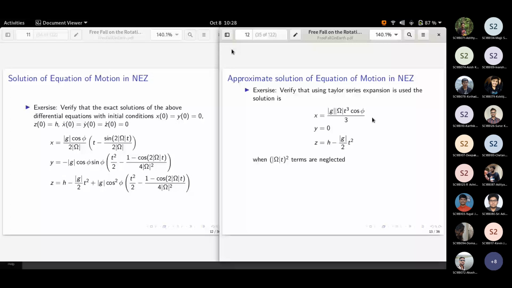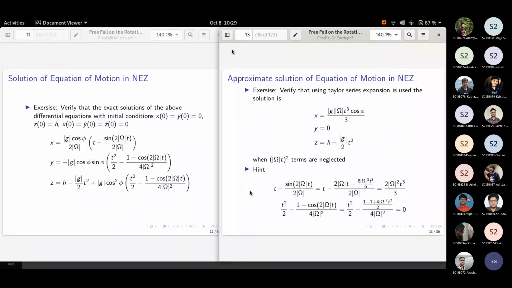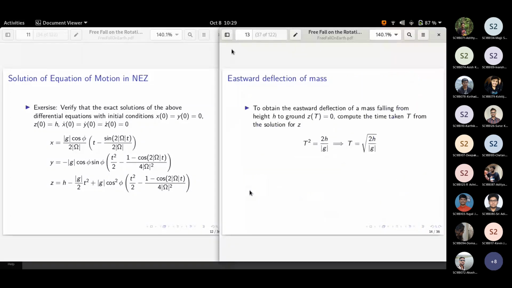So these are the Taylor series. Some expansion is given here. You can use this and see how to obtain this. From slide number 12 to slide number 13, the hint is mentioned here. You can use this and try it out. Okay, so let us look at that.